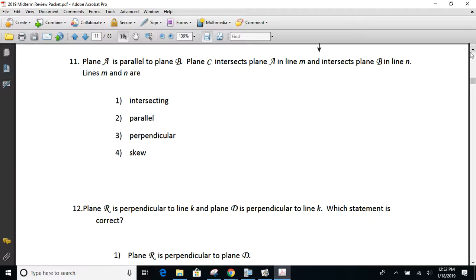What can you tell me about those two lines? This is plane C. It intersects plane A and B, it said. Here's line M. Here's line N down here. Describe line M and line N. They are parallel to each other. Good?